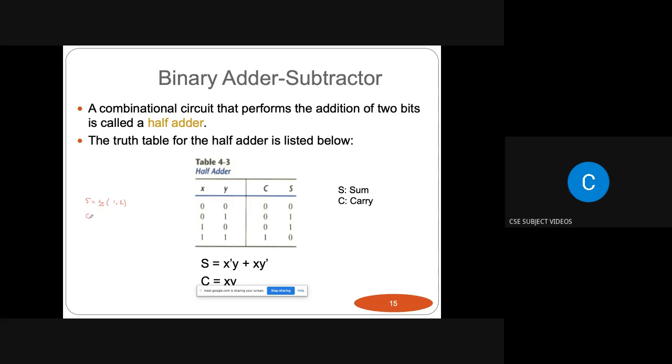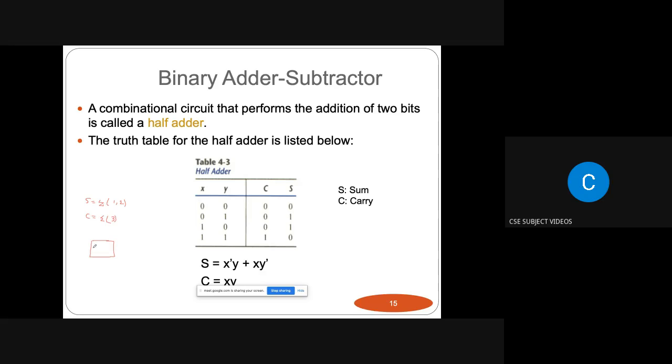And for carry, we can write the sum of minterms as C is equal to summation of. So in the C column where we are getting the 1, it is here. So the corresponding minterm is m3. So we can write it as summation of 3. As it is a 2 input, we can have the 2 variable K map to get the Boolean function for this half adder. So the 2 variable K map can be represented like this.